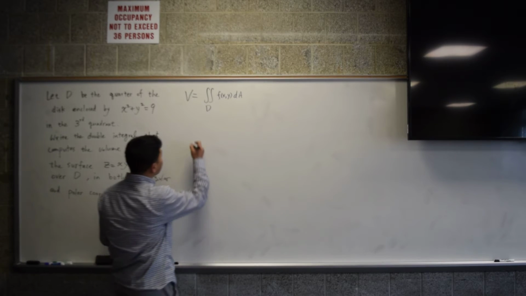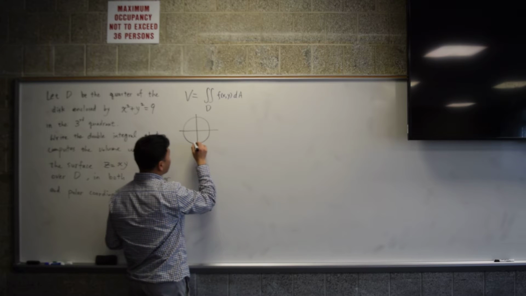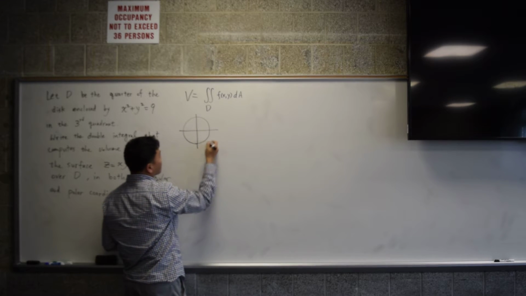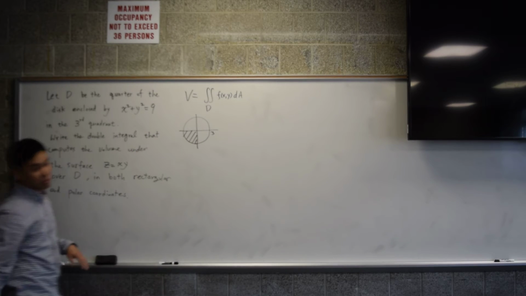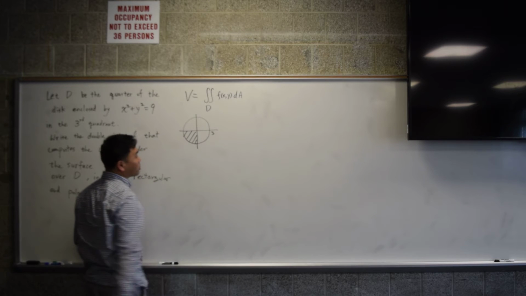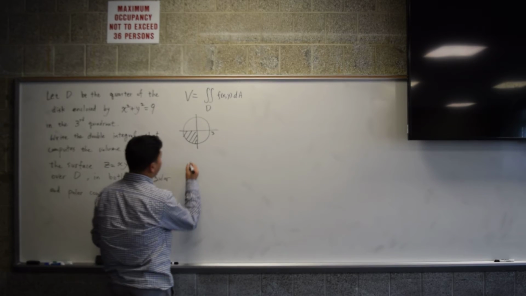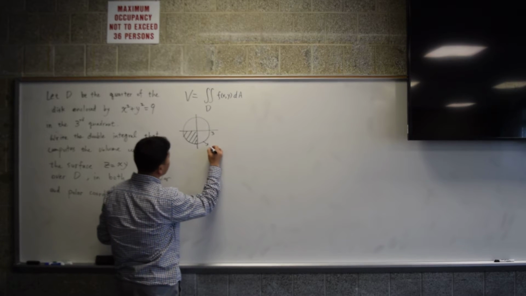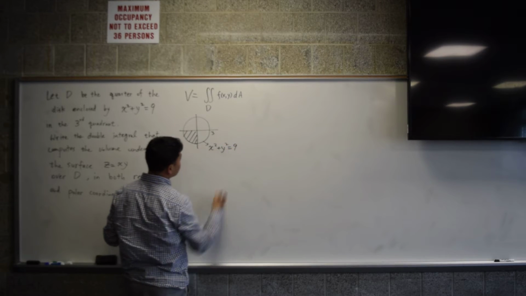However, we first need to think about how to express this domain D. So here's domain D of radius 3, and we're talking about this quarter circle, the one that belongs to the third quadrant. 1, 2, 3, 4, so that's the third quadrant. And the equation for that is x squared plus y squared equal to 9.